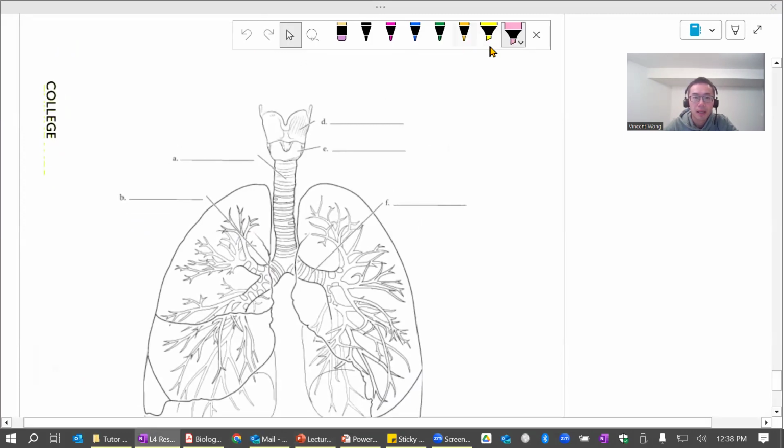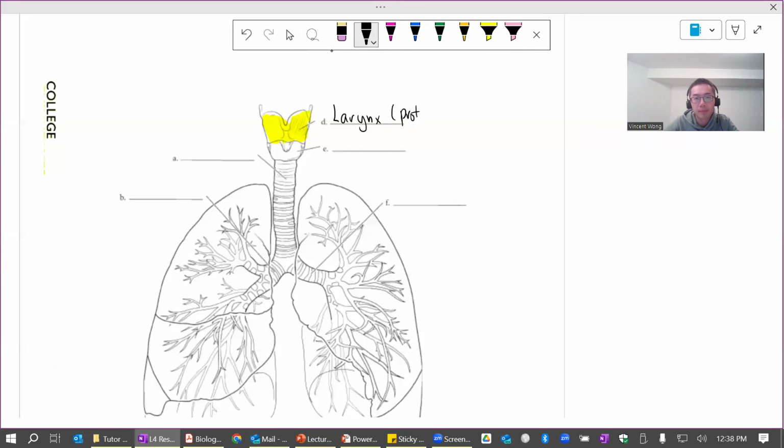Okay. So just simple stuff here. Over here we have the larynx. And just to remind you, it is protected by thyroid cartilage.